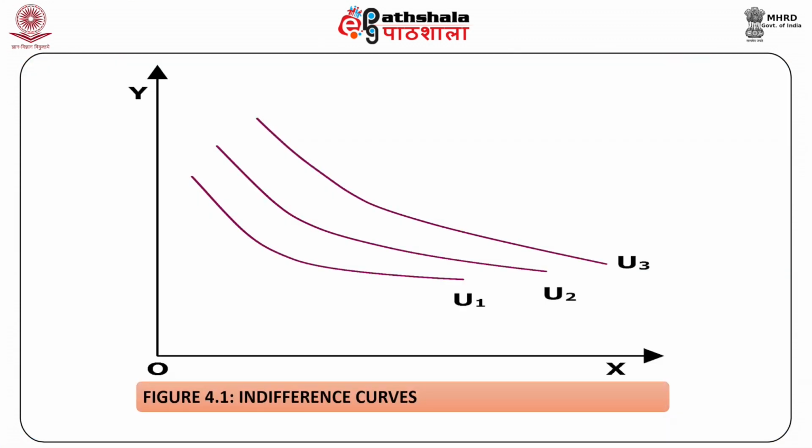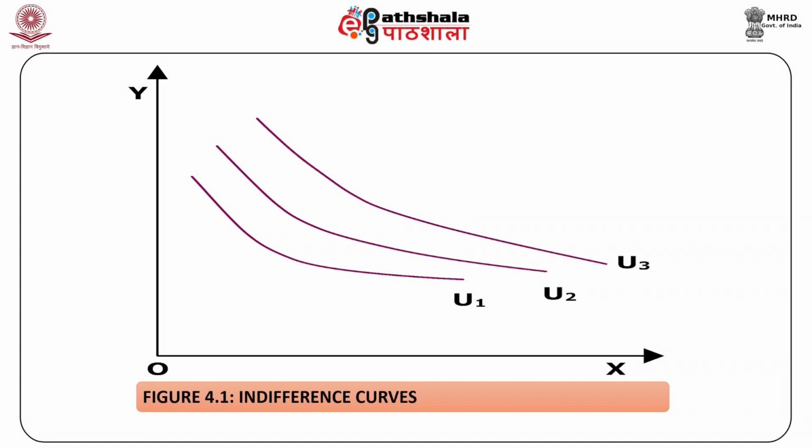Consumer preferences can be graphically illustrated through what are called indifference curves. An indifference curve represents all combinations of market baskets that provide a consumer with the same level of satisfaction, which is given in figure 4.1. It is downward sloping, convex to the origin, given the diminishing marginal rate of substitution between any two goods.